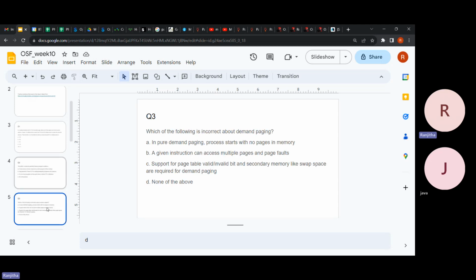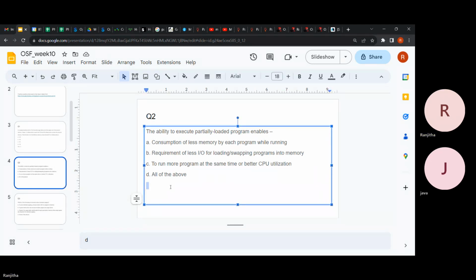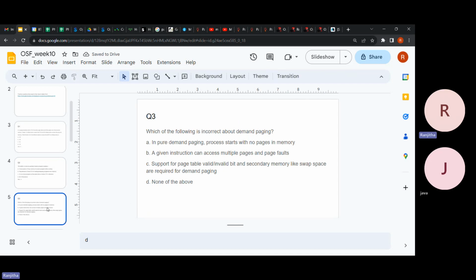Next question is, which of the following is incorrect about demand paging? In pure demand paging, process starts with more pages in memory.